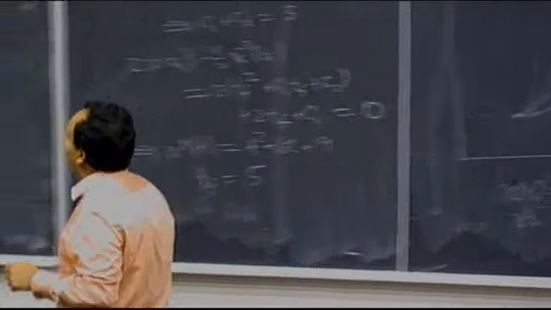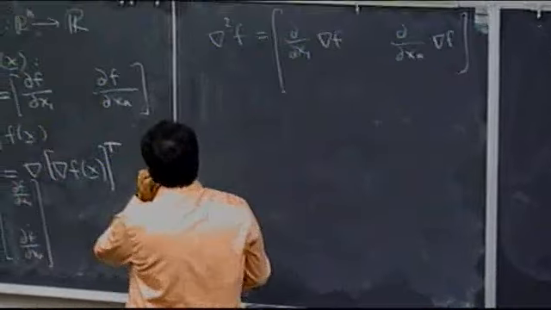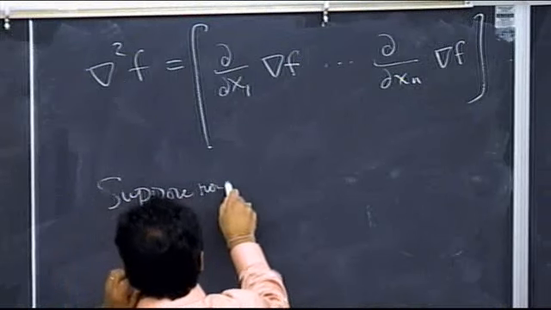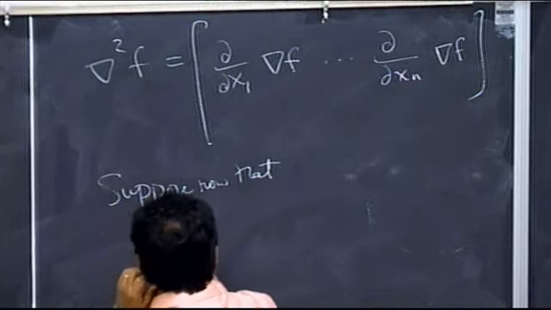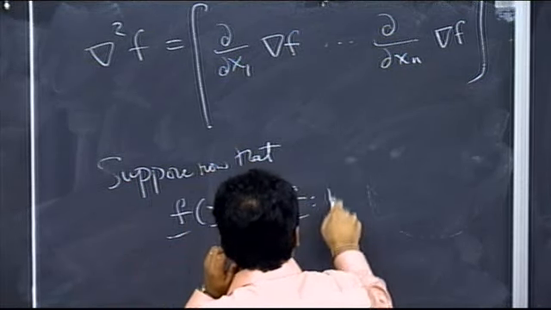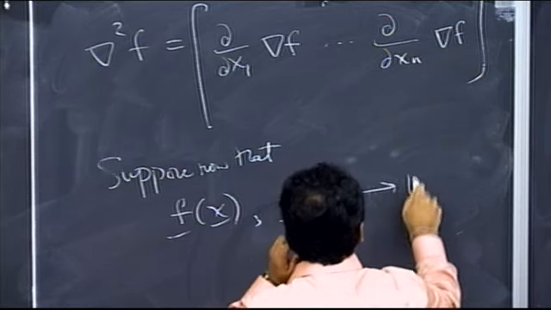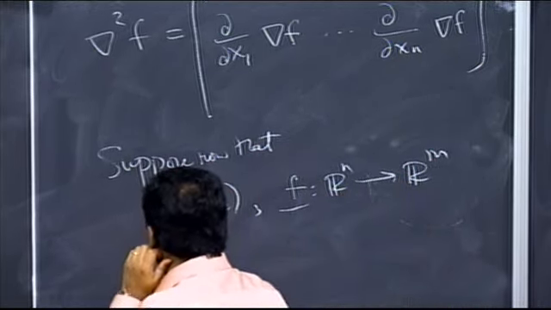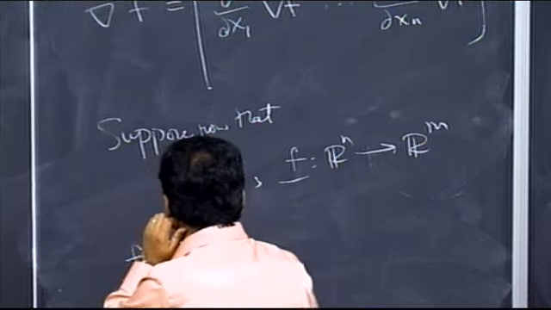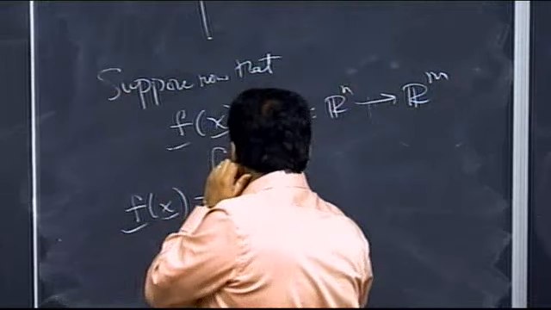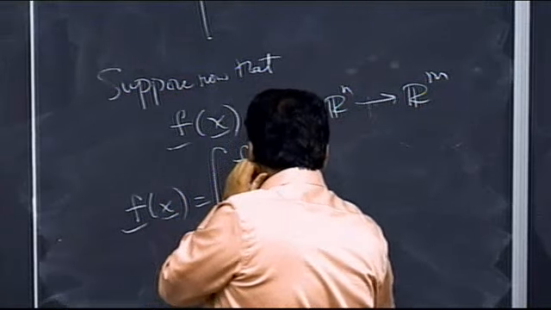Now, in the case of a vector function, suppose that f of x is a vector function of x, where f is a mapping from Rn into Rm. So f of x is equal to f1 of x up to fm of x.